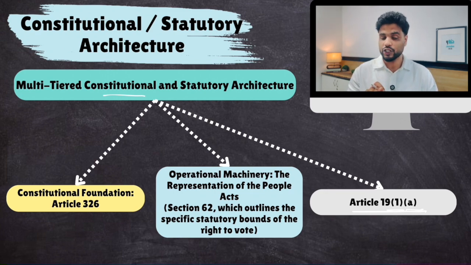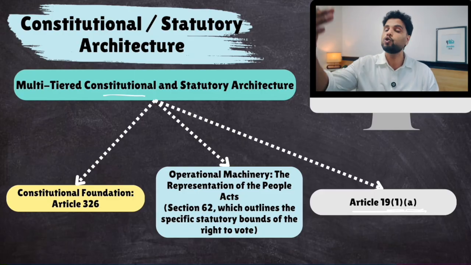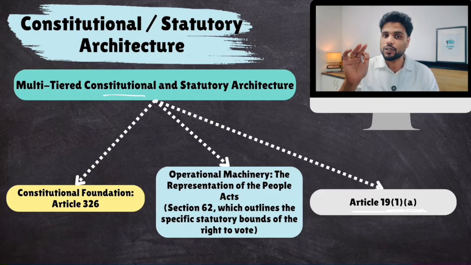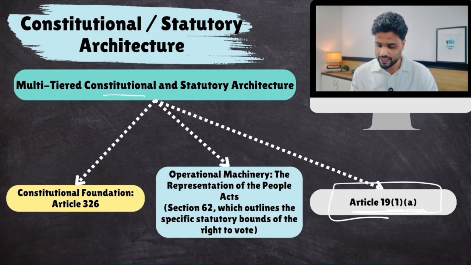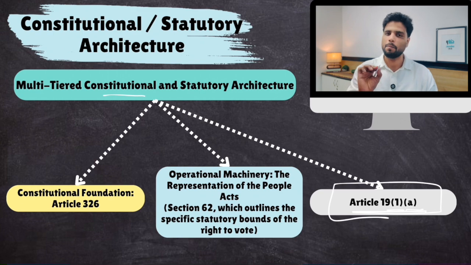Some Supreme Court judges opined that your right to vote is also your way of expressing who should rule you, so that expression cannot be curtailed. Hence, in certain judgments, the Supreme Court has construed the right to vote as part of Article 19(1)(a). But that was only in some way.